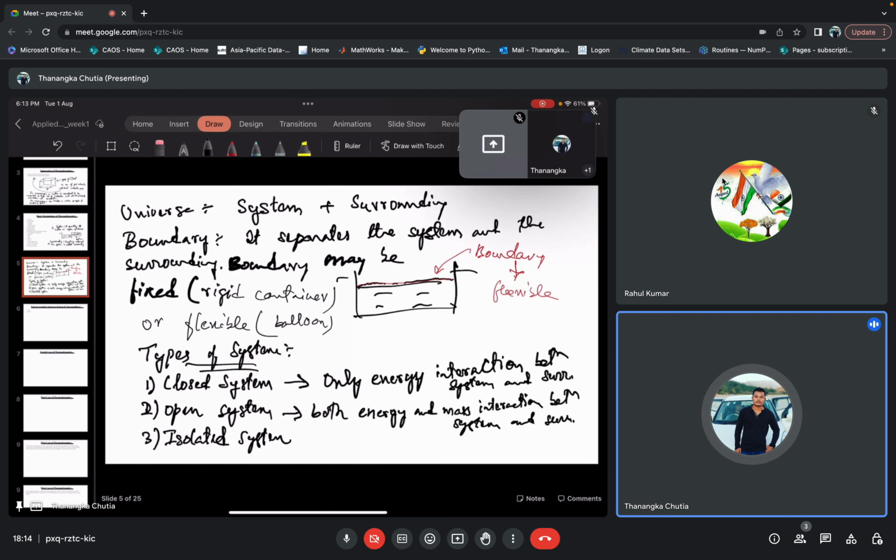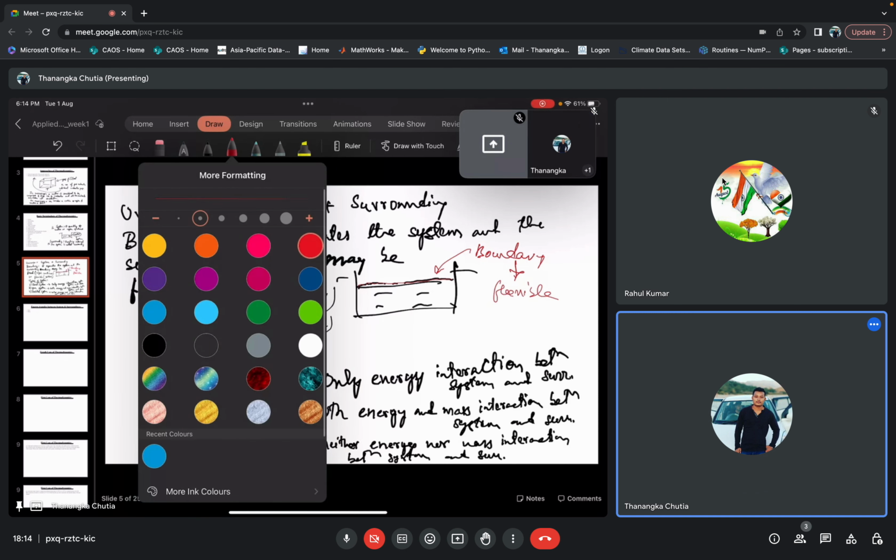And in an isolated system, neither energy nor mass interaction takes place between system and surrounding.